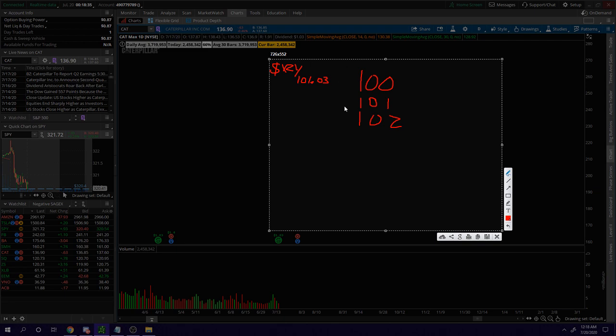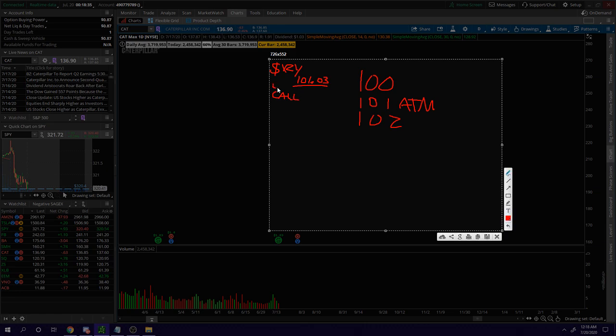So these are your three strike prices, and XYZ is currently at 101. So if you were to buy the 101 strike, this would be at the money because that's what it's currently trading at. We'll use a long call.